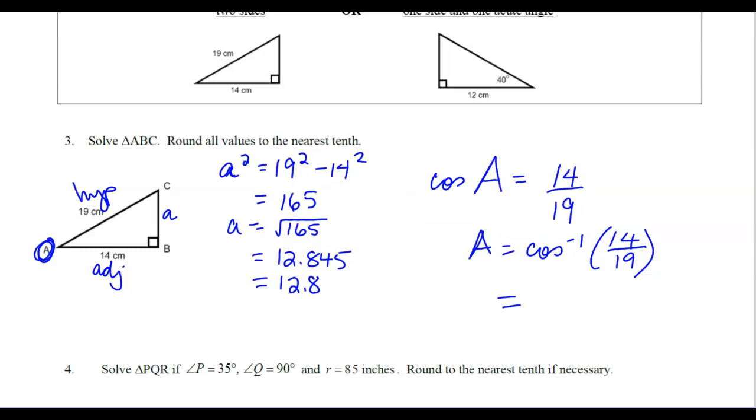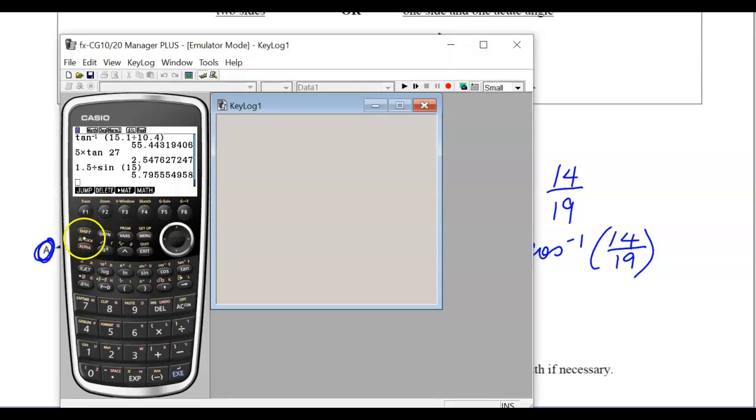Okay, I'll use a Casio this time. So shift cos, 14. Oh, I'm going to need brackets. I forgot. So bracket 14 divided by 19, close bracket. Oh, doubled up again. Nuts.